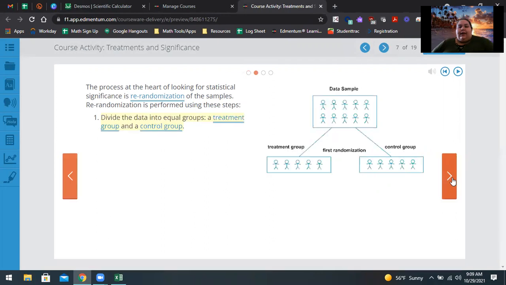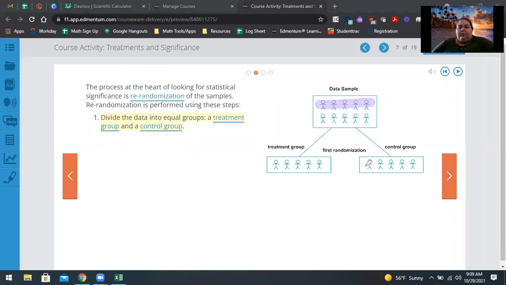Now, this group is going to receive the treatment, and this one is going to receive no treatment under the control group. That's the first randomization. So they could have first selected these people, and then selected these people for the control group. Or we can do it another way.